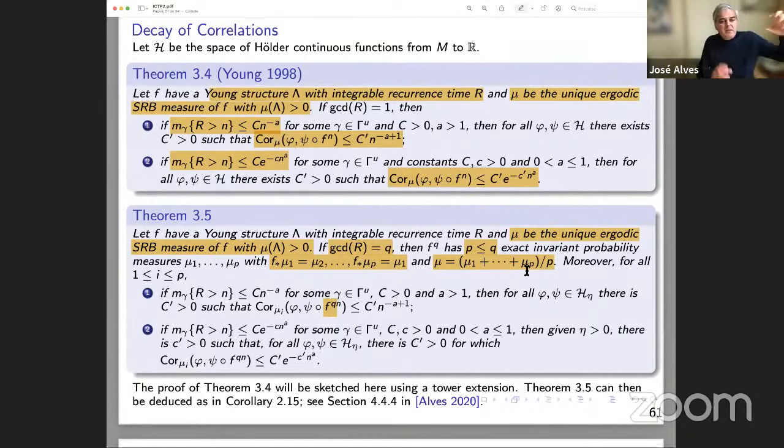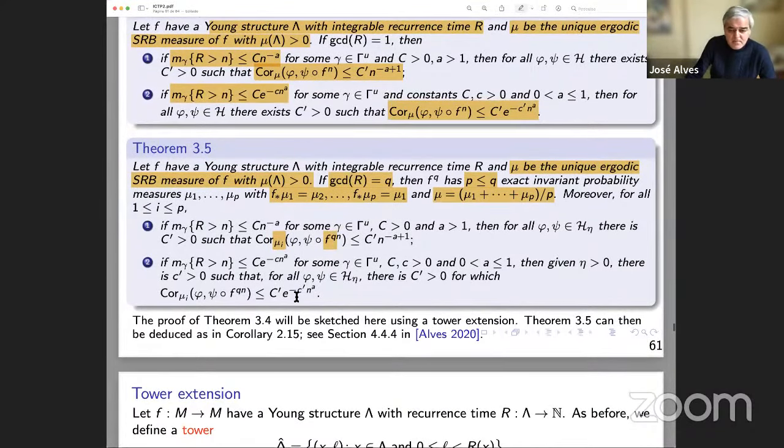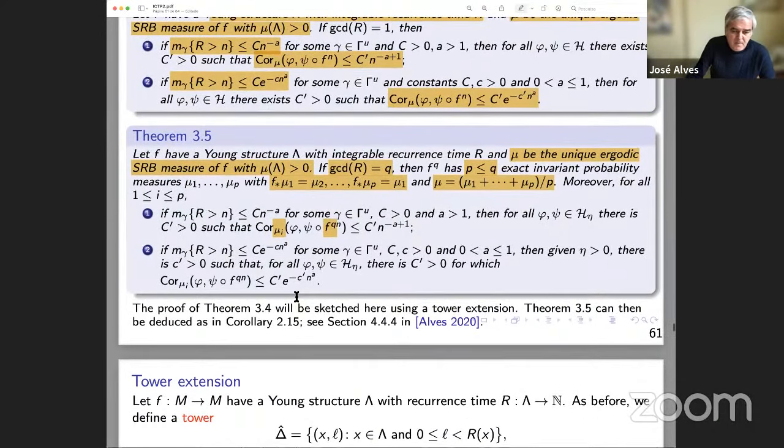And so it may happen that 2 measures in the tower give rise to only 1 in the original system. That's the reason why we can have fewer measures than the greatest common divisor. So, the conclusions are similar. For those measures, we have the decay of correlations with the same rates, polynomial or stretched exponential.